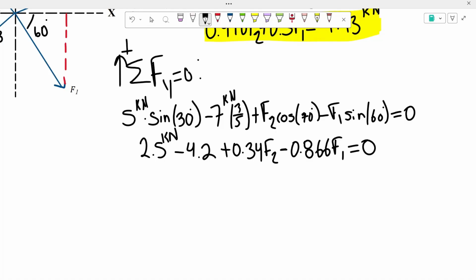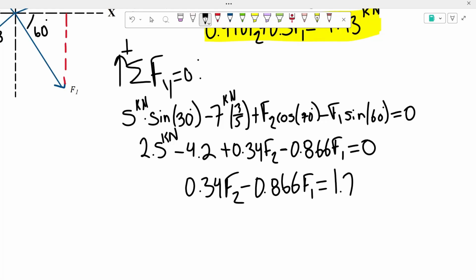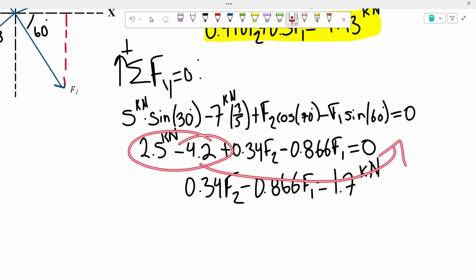So that means we end up getting 0.34 F2 minus 0.866 F1 has to equal 1.7 kilonewtons. And how we got that, remember, we just moved these to the other side right here.